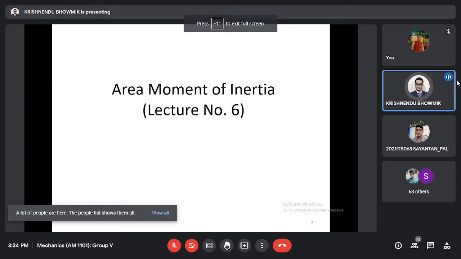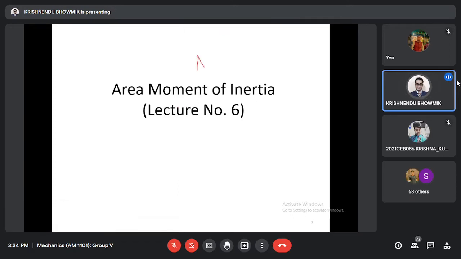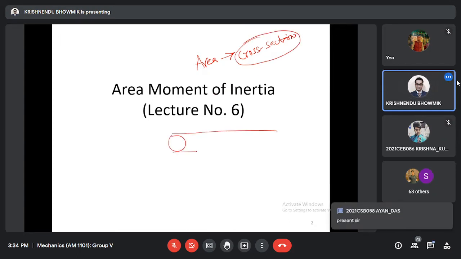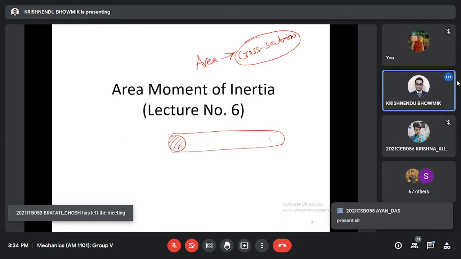For area moment of inertia, basically related to area, this area is mainly the cross section. We are talking about the cross section of any component. Say I have one shaft and this is the cross section.